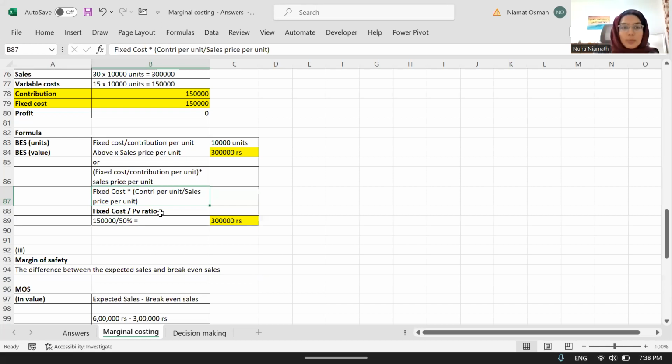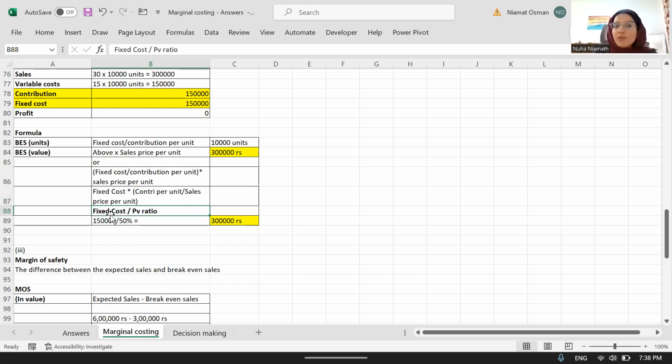One thing you need to remember is, here it is divided by contribution per unit and multiplied by sales price per unit. So it is the opposite way. Can you see it? We are dividing by contribution and we are multiplying by sales. So instead of PV ratio, it will become 1 by PV ratio.